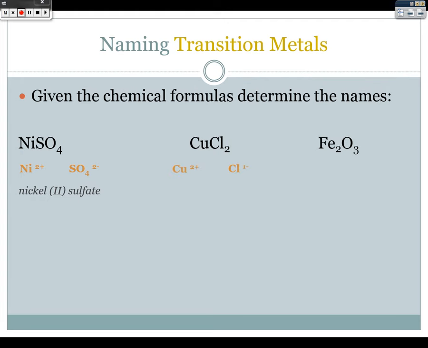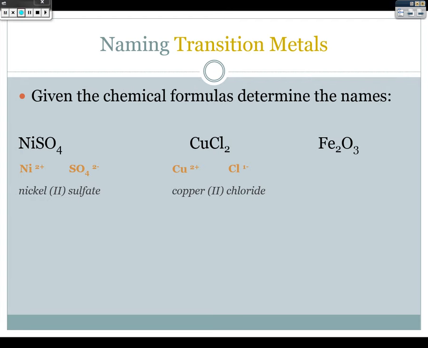So here, copper is going to have a 2 plus charge, chlorine is going to have a 1 minus charge, so I need to indicate that the copper has a 2 plus charge. So I say copper 2 chloride. Again, the 2 doesn't tell me that there's 2 coppers, nor does it technically tell me that there's 2 chlorines. It just so happens to balance out that way. What the 2 tells me is that the copper is a 2 plus ion of copper.